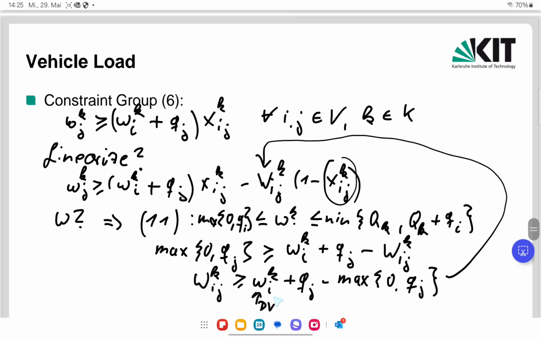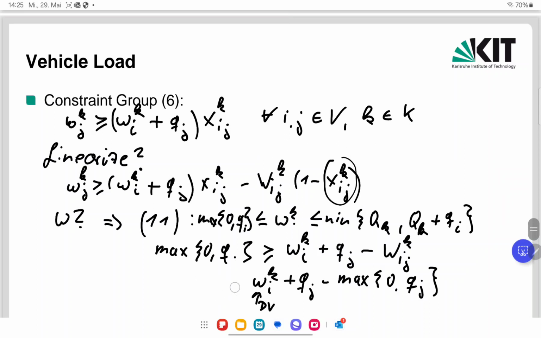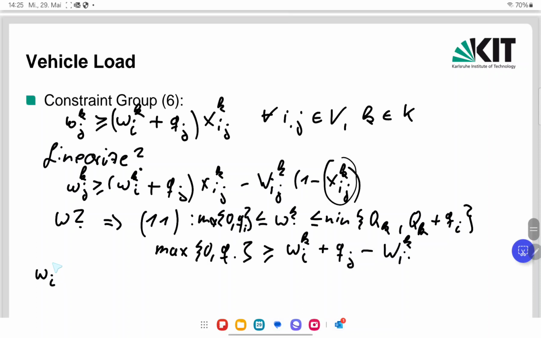So we have to get rid of this W in the formulation, and we can use the same trick as before. We know that W has an upper bound.